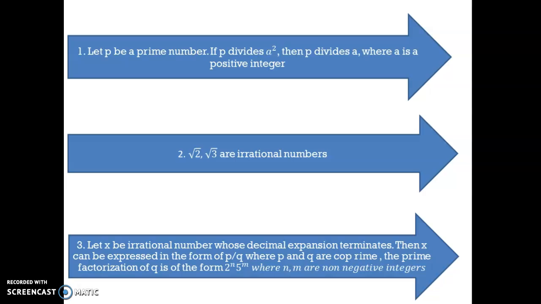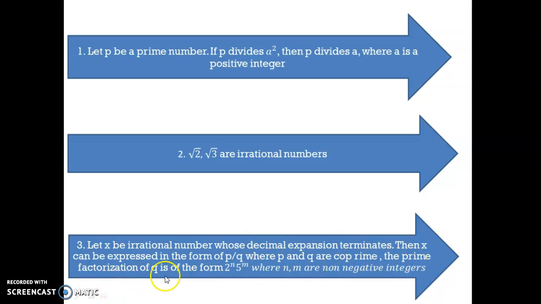If a rational number has a decimal expansion which terminates, meaning after some decimal points the number finishes, then the number can be expressed in the form of a fraction p by q, where p and q are co-prime, meaning their HCF will be 1.